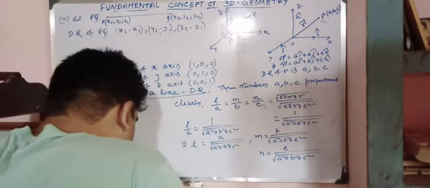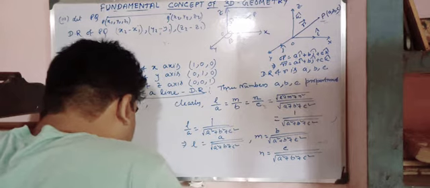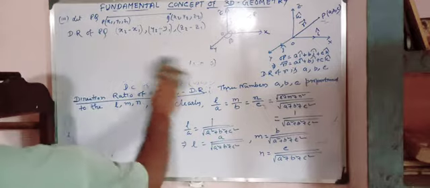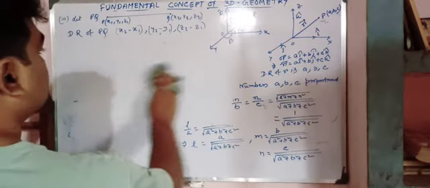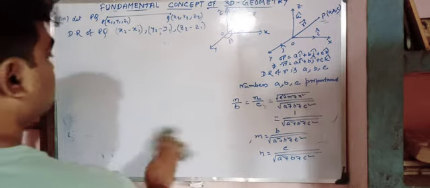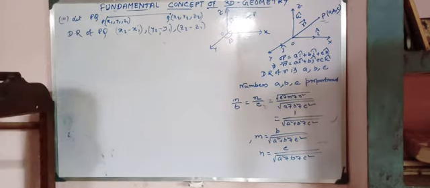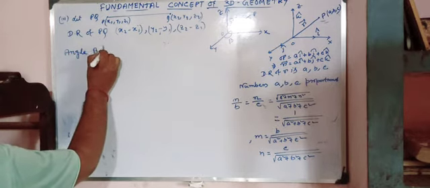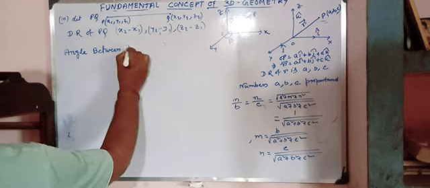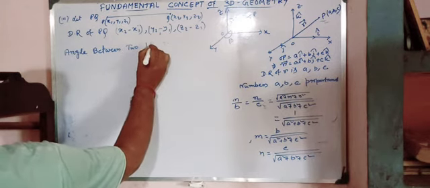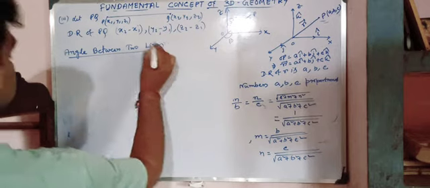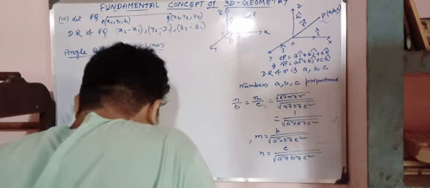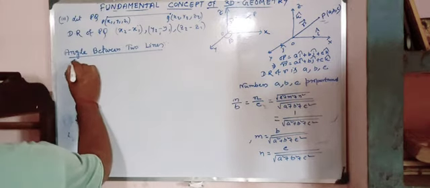So now move to another thing, that is the angle between two lines. Let theta be the angle between the two lines L1 and L2.